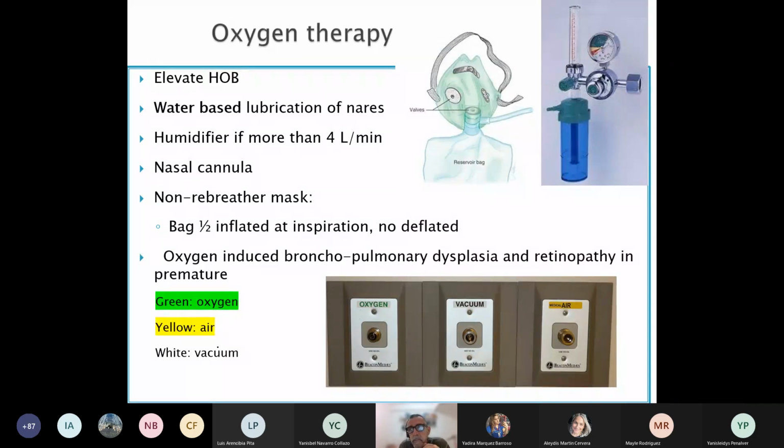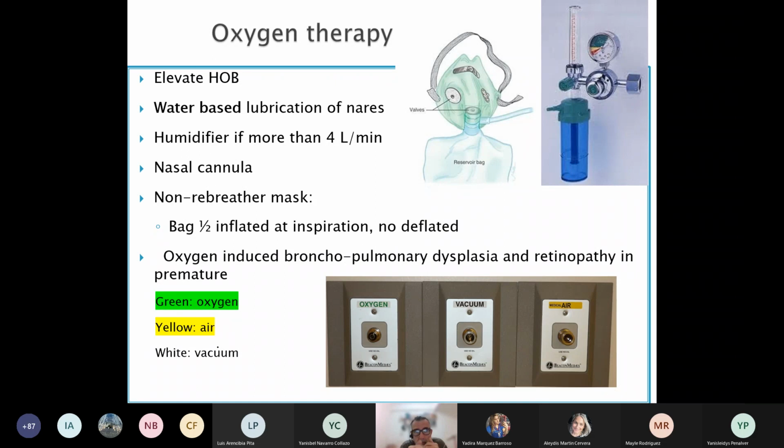Oxygen therapy is another topic that is frequent, and I want you to refresh. Don't forget that before initiating the oxygen, you need to elevate the head of the bed if the patient is in a flat position. The flat position or the Trendelenburg position is not favorable to breathe.